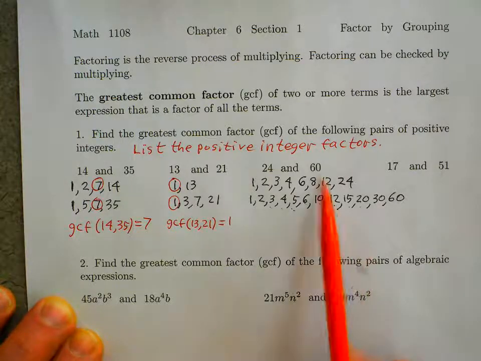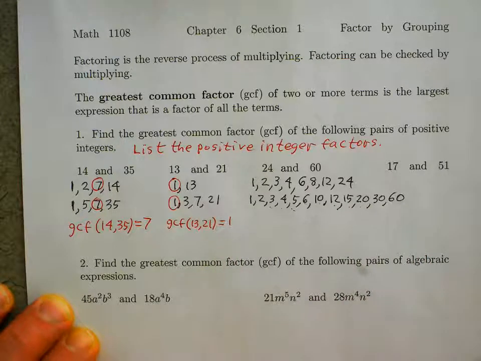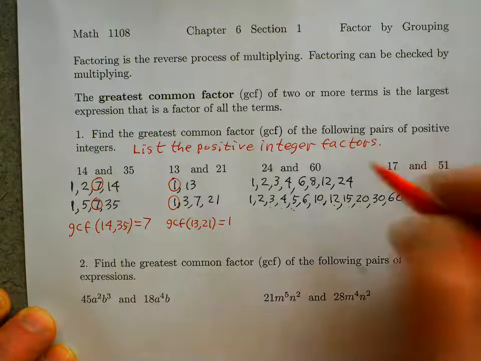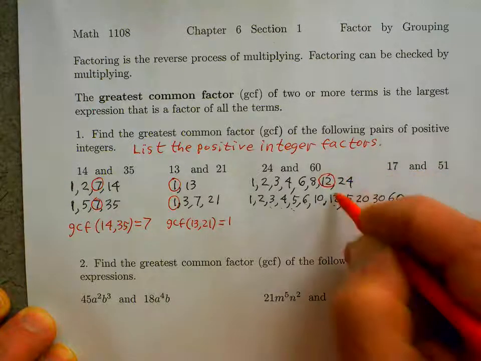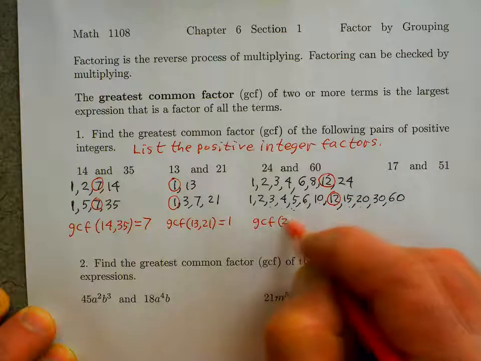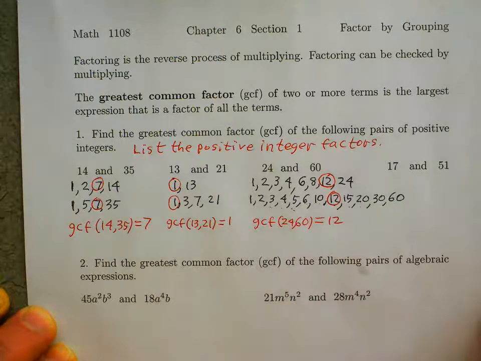So 60 has a lot of integer factors. What's the largest common factor, or the greatest common factor? 12. Yeah, 12. So the greatest common factor of 24 and 60 is 12.